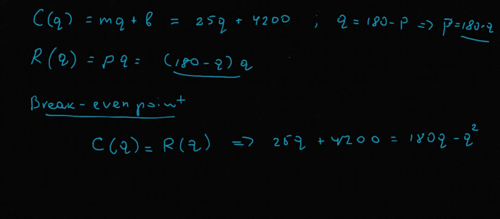This is a quadratic equation, so let's write that equation in the standard form. Q squared, 25Q minus 180Q, that's going to be minus 155Q plus 4,200 equals 0.